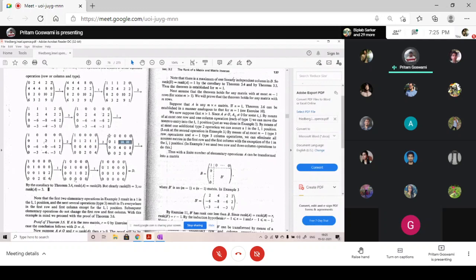Now these two pivot elements are there, this one and this one. Now they want to make this 4 a pivot element. For that you need to make this 2 0. So how will they make this 2 0? What will be the operation? Tell me, anyone?